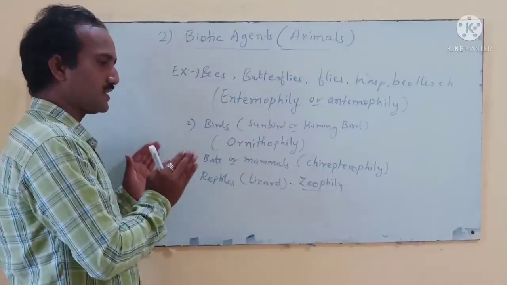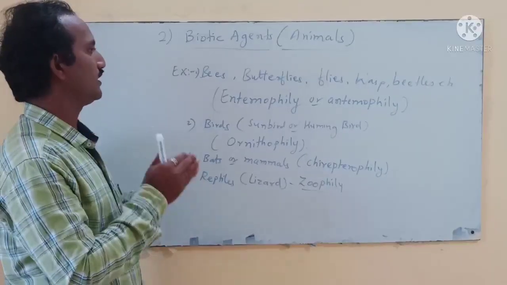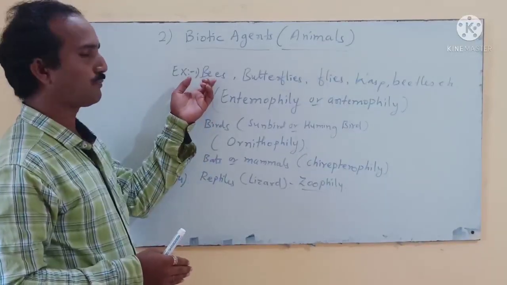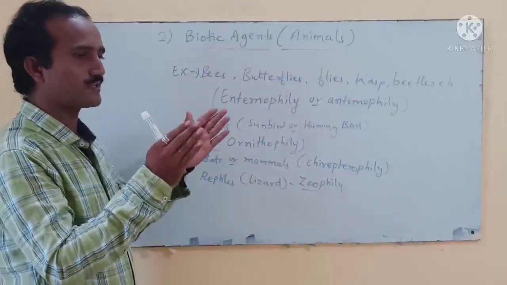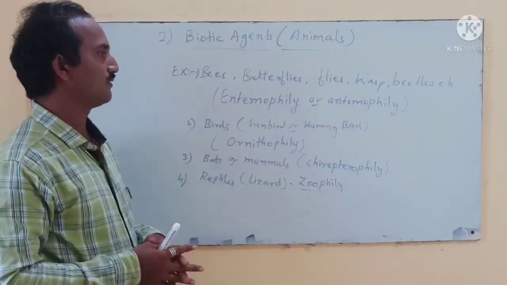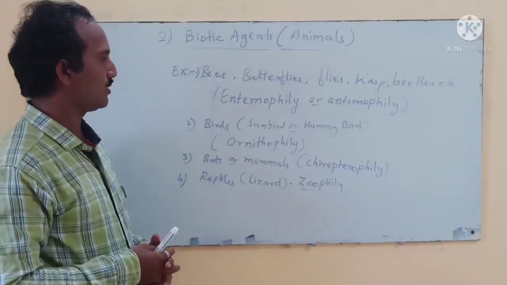So the species which are involved in pollination through insects have a specific adaptation for them. What type of adaptation will be carried out?